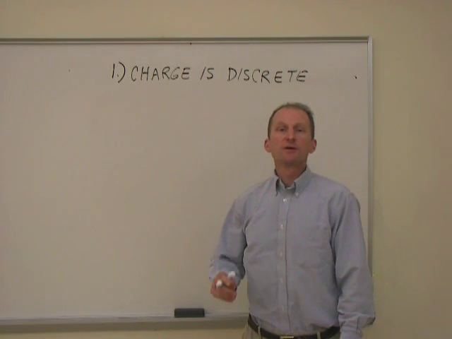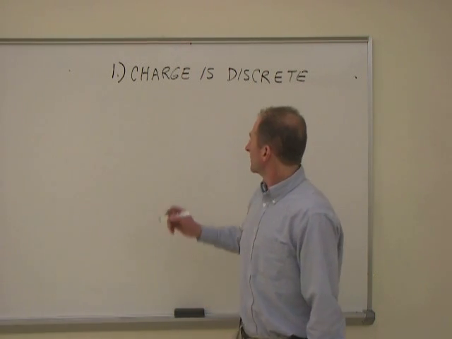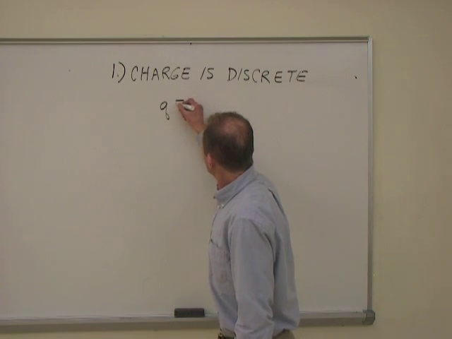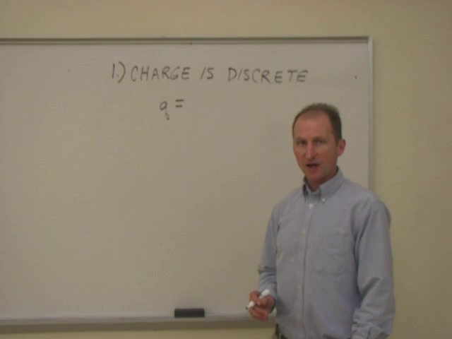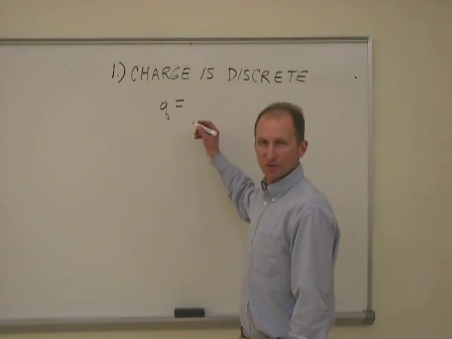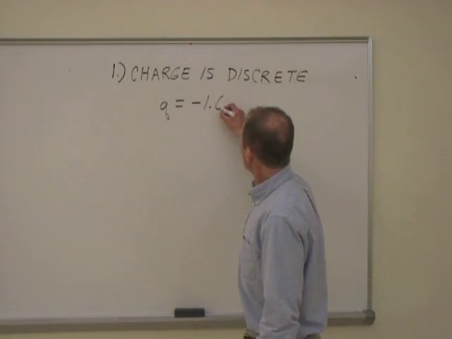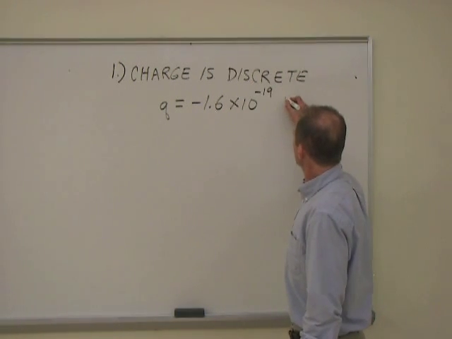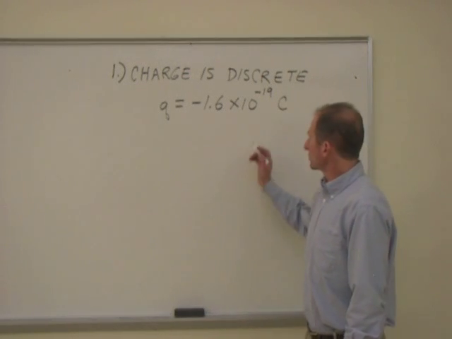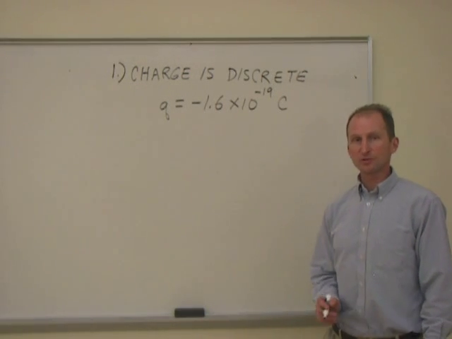In other words, electrical charges are electrons or protons. They have a particular charge. The charge of an electron is minus 1.6 times 10 to the minus 19 coulombs. So the coulomb is the unit of electrical charge.